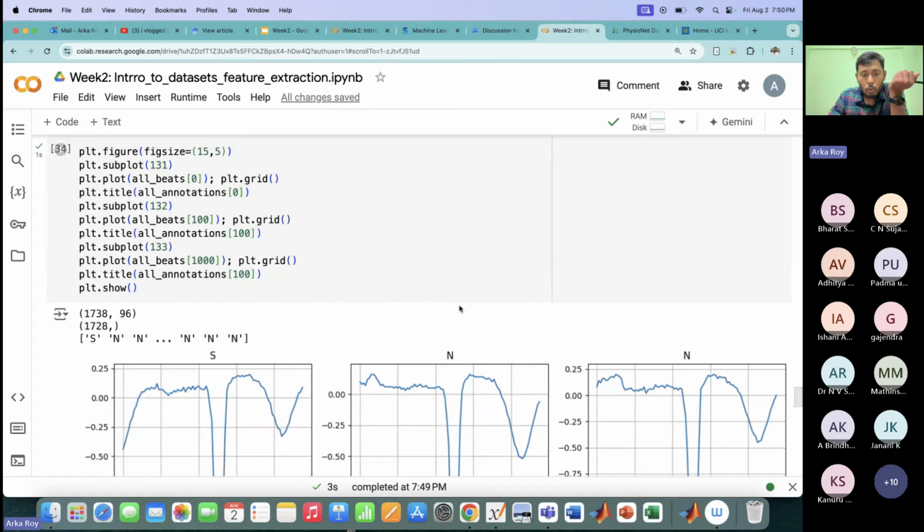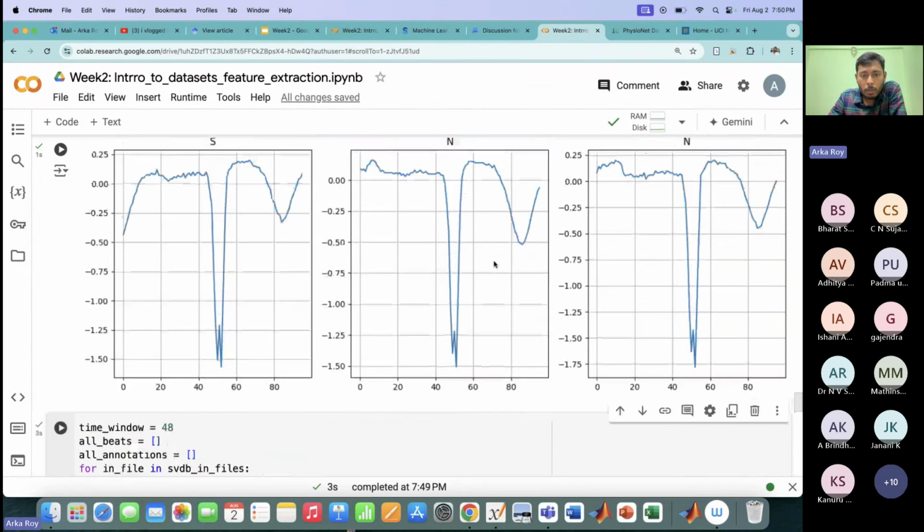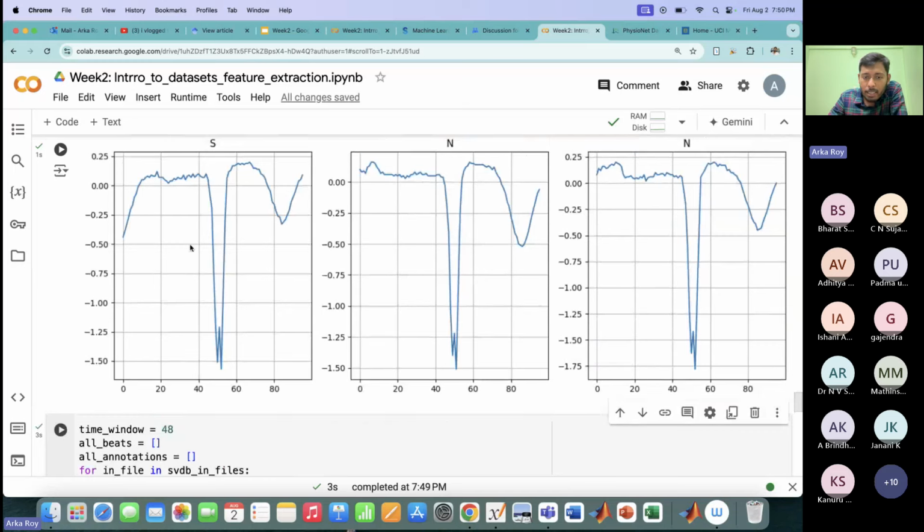If I show these three signals, what is your opinion on energy? Would the energy be almost the same in these three cases or not?